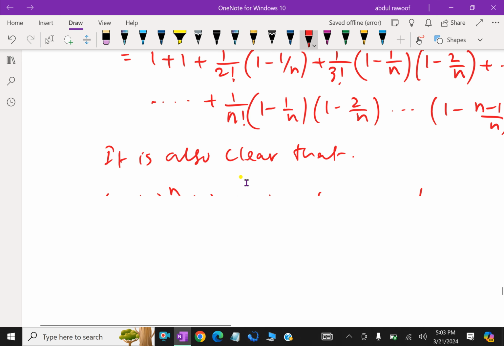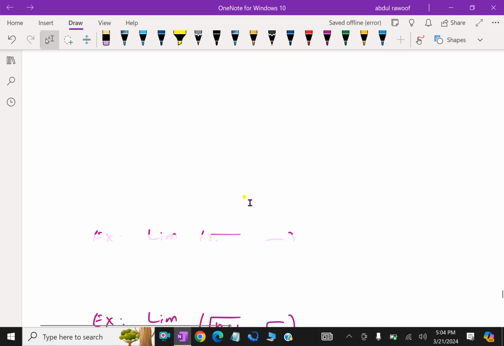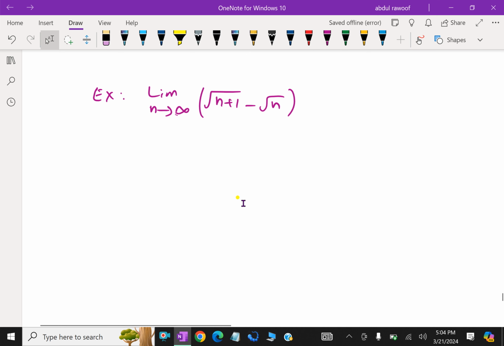Now next question. We have to find the limit of some expressions. Look at here: the limit as n tends to infinity of square root of (n plus 1) minus square root of n.